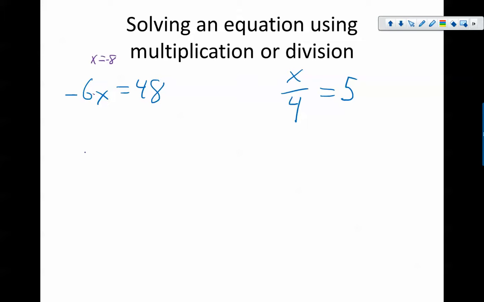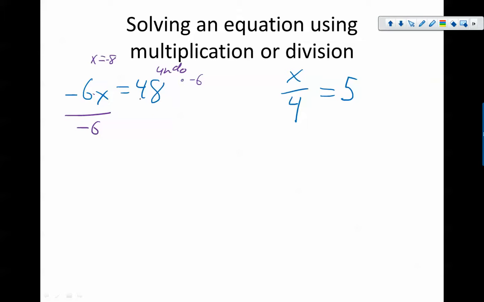However, if we want to learn to solve the equation using a solving process, we need to undo the times negative 6. The way we undo that is by dividing by negative 6.